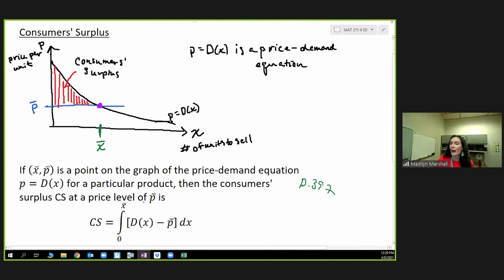And so our consumer surplus is the integral from 0 to X bar. X bar is that X value where the price level and the price demand equation are intersecting.